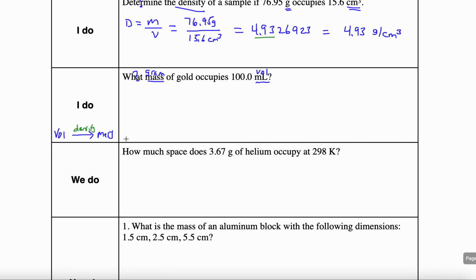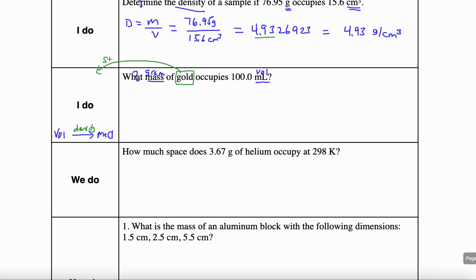So that means I need a density value, and one is not given here. But I noticed that I am working with a sample of gold. If a needed piece of information is not given to you in the problem, that means you need to go find it in your reference tables.